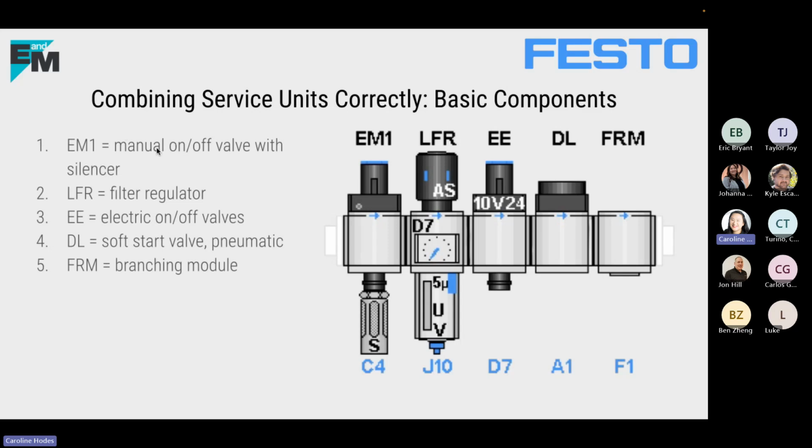The EM1 is a manual on-off valve with a silencer, and the LFR is a filter regulator, which also has a pressure gauge on it. Then EE is an electric on or off valve. In this example, I didn't add a silencer, but a silencer could be added on the bottom of this. The DL is a pneumatic start valve, which is right here. And lastly, we have a branching module, which is the FRM.